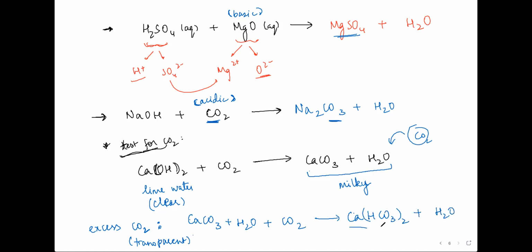Now this calcium bicarbonate is soluble, so it dissolves in water, making it transparent again. The milky solution becomes clear.